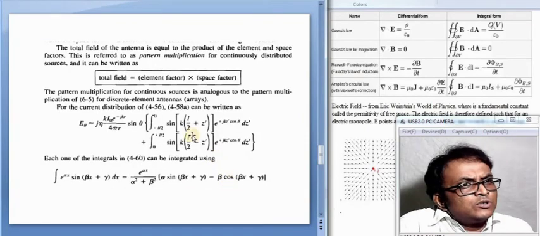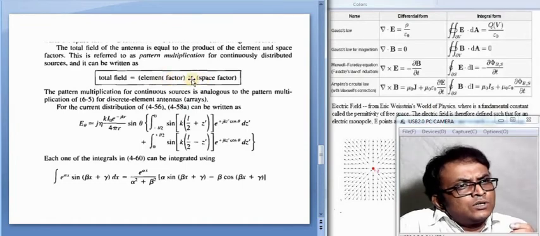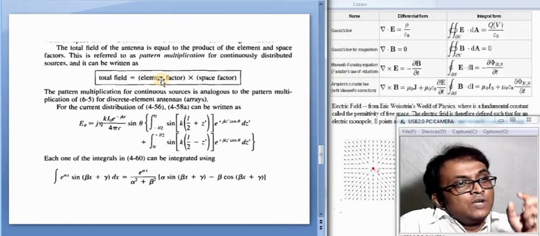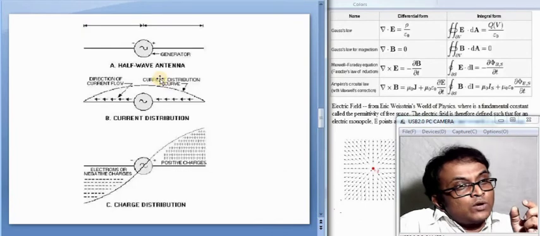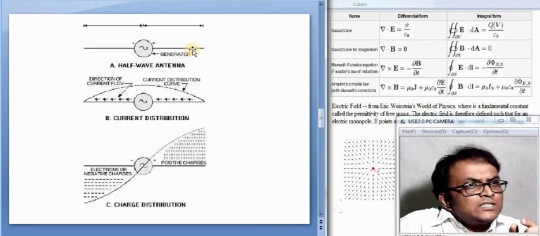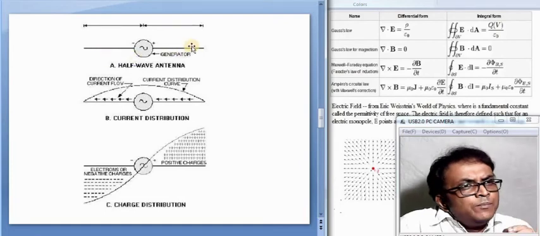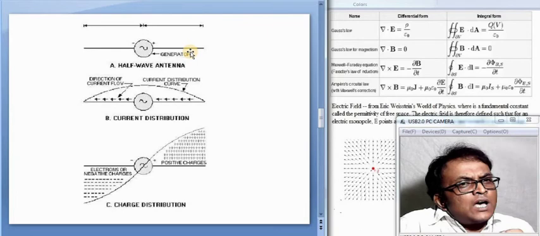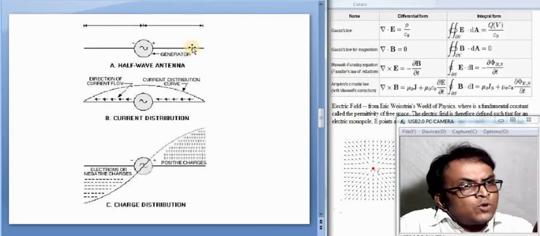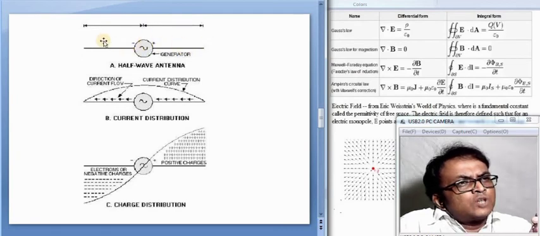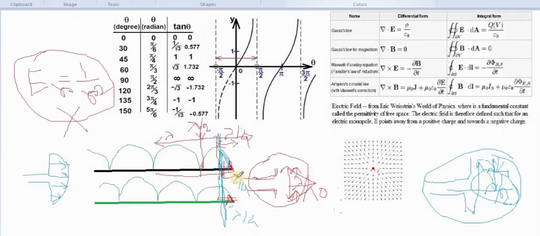This current distribution is multiplied by the element factor, because previously I told you that whenever we analyze a dipole antenna, we treat it as made of small parts. Suppose the total length is lambda by 2.